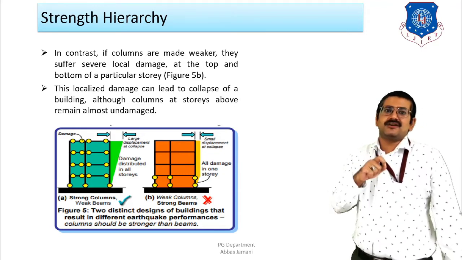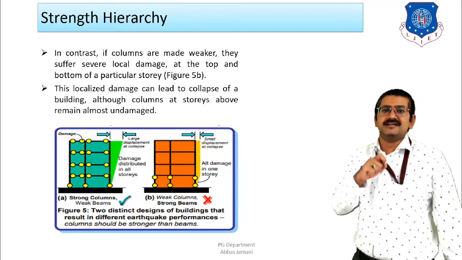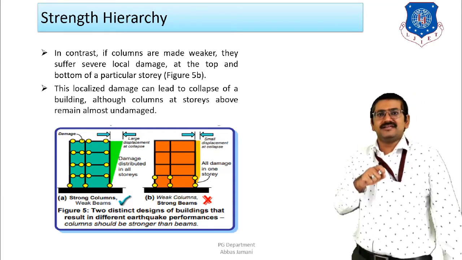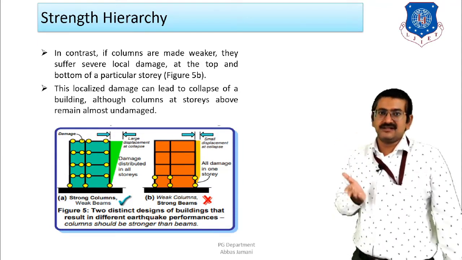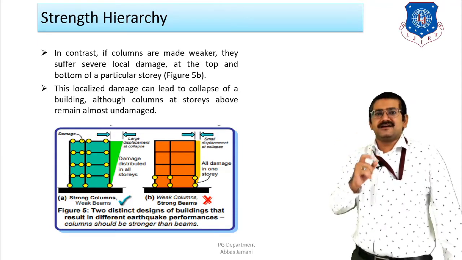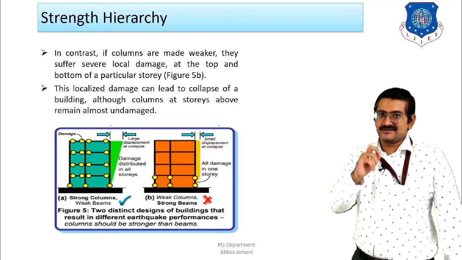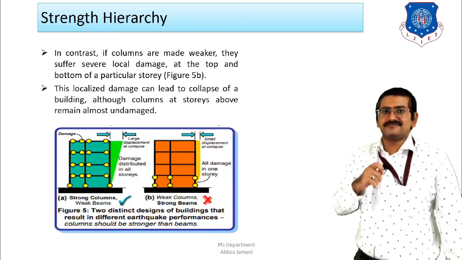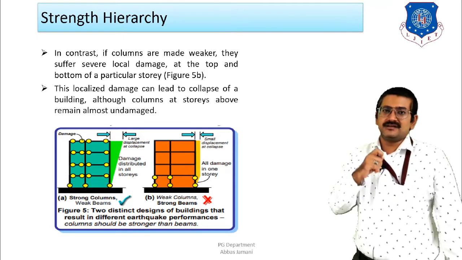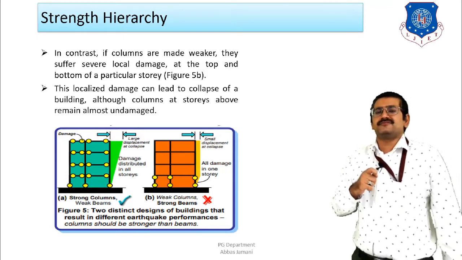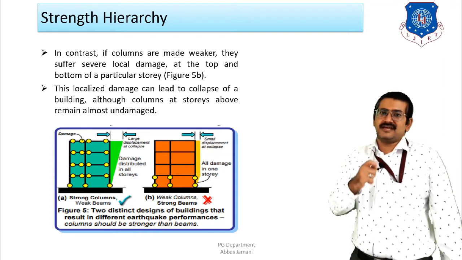And since the columns are the global element, the collapse of the entire building above is also likely possible, even though the damage is done at a very local level, but it is going to have a significant effect. Why? Because columns are the main element, and due to these columns only can the performance of the buildings be enhanced or kept stable.